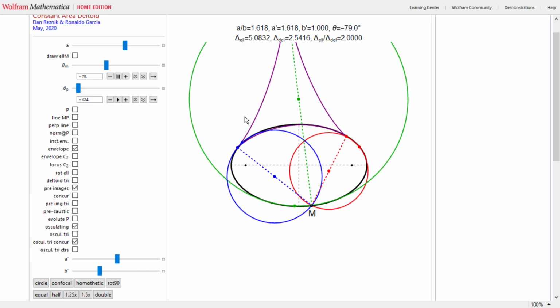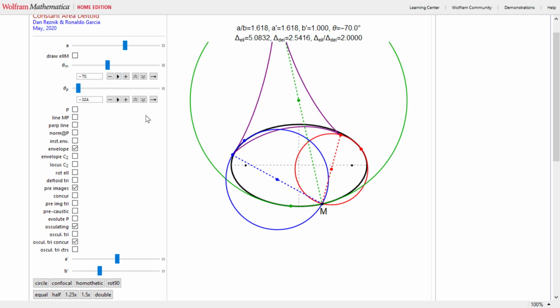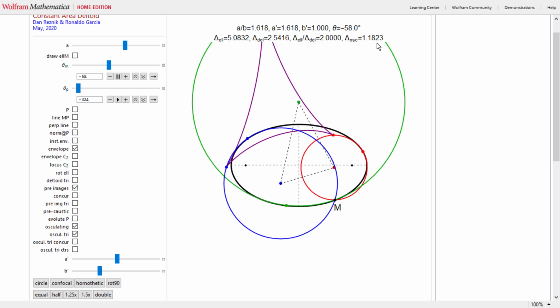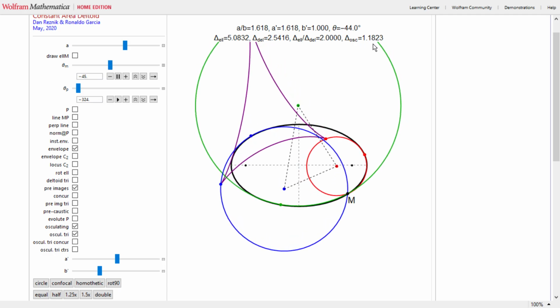Okay, so here's another phenomenon. I'm going to go ahead and connect the three centers of the osculating circles. So I'm going to turn off these concurring diameters. I'm just going to connect these three dots. Let's call this the osculating triangle. It turns out the area of this osculating triangle shown up here is also invariant.